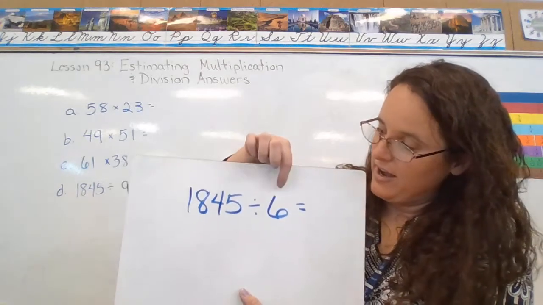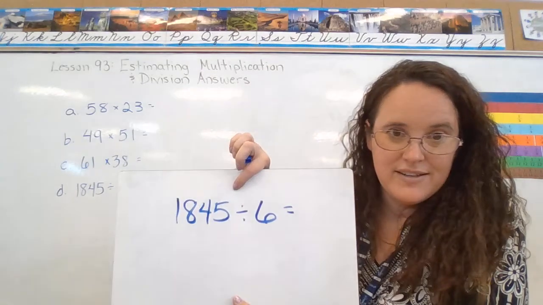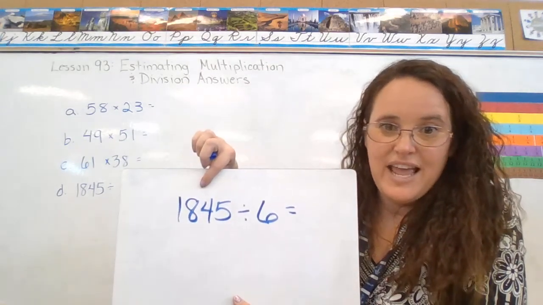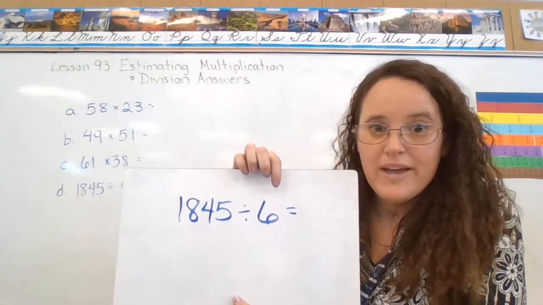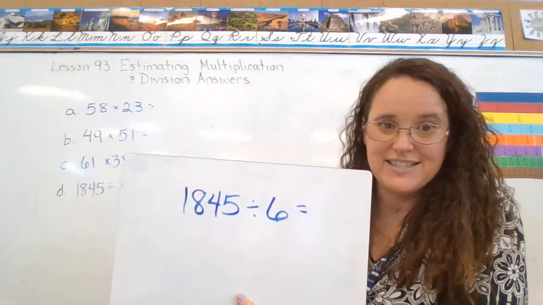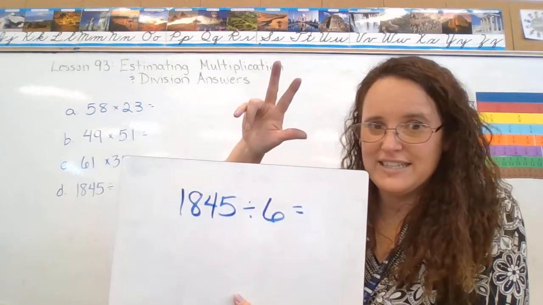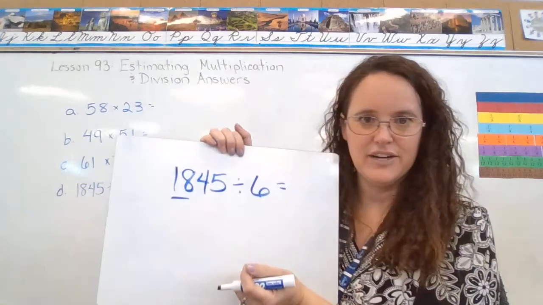So here, I'm not necessarily going to round it to 2,000 or to 1,850. I want to find a number that I know I can divide by 6. So I might even count by 6s to start. 6, 12, 18.